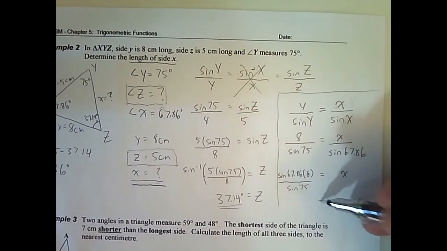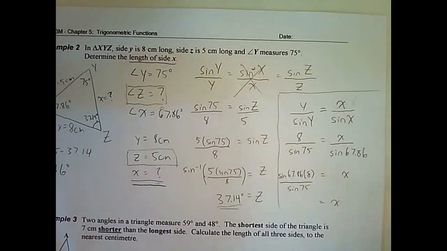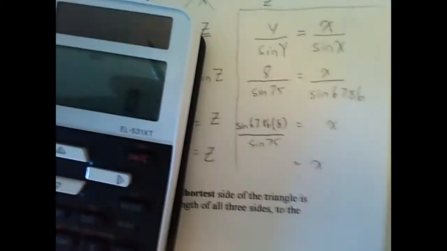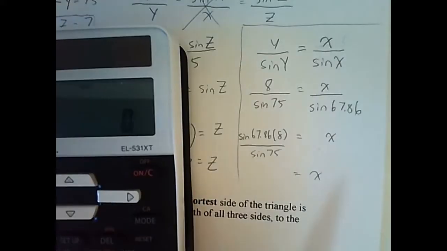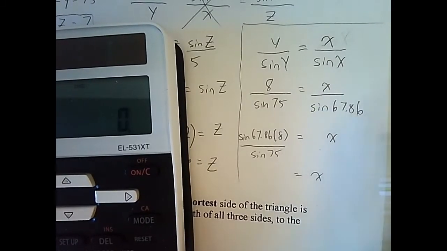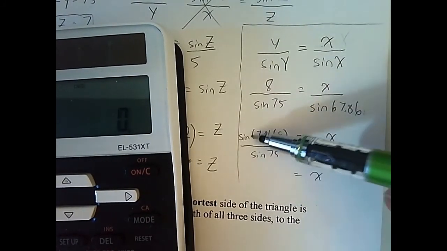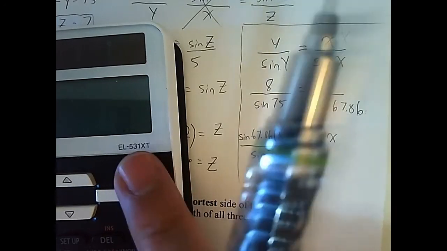So then I'm just going to type all of this into my calculator. Maybe I'll zoom in a little bit. So again, all I did was I put my ratio here, I put my sides at the top, and then I multiplied both sides by this denominator, so I get this times this over this.